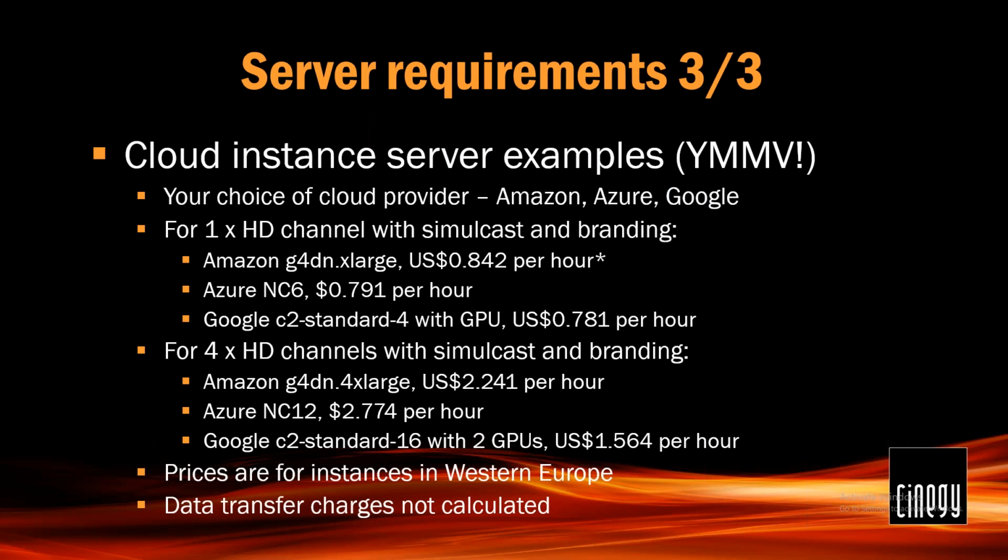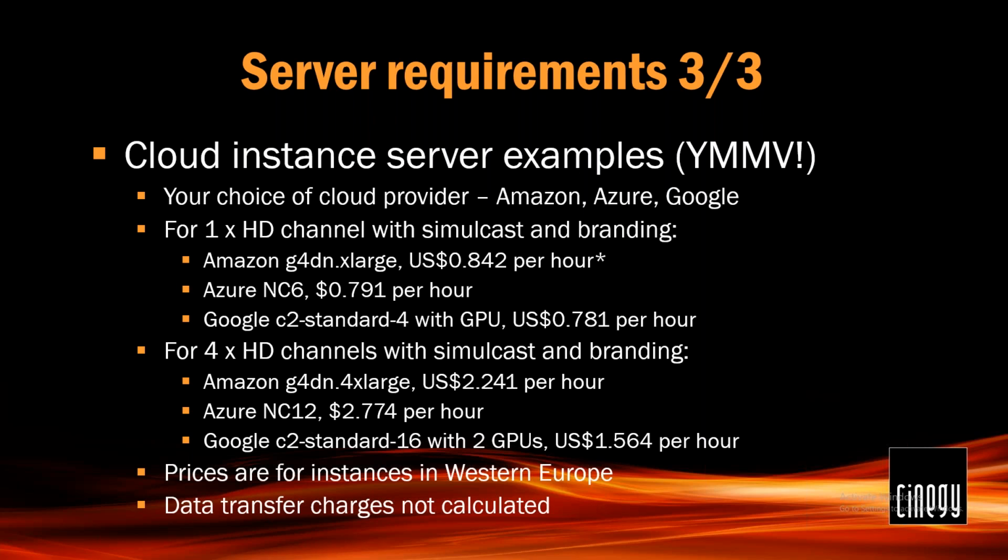The Azure NC12 is the next step up, a little bit more expensive, but again, you're getting the additional processors there. And then the Google, it's weird, I've checked this like 4 times, but configuring up a system that would run 4 of our channels came to like 2/3 of what the other ones cost.